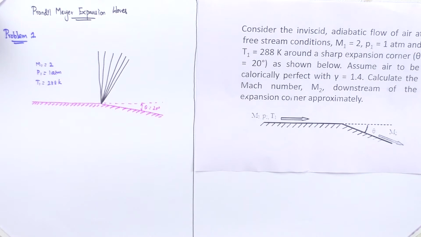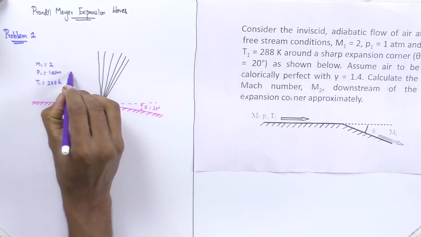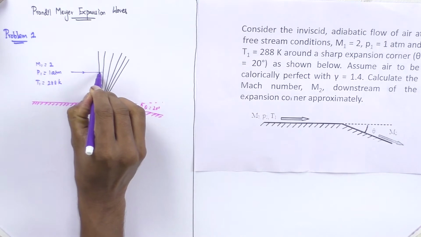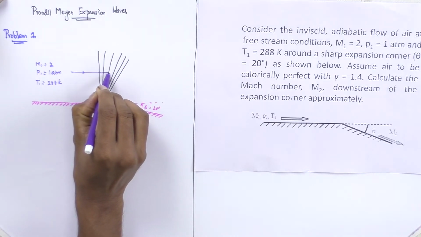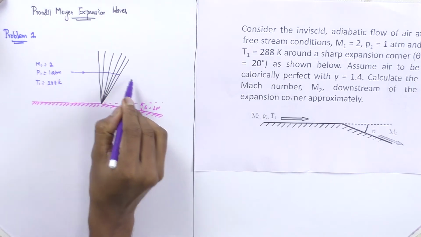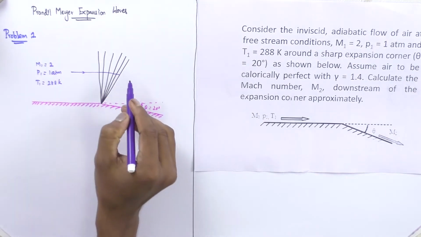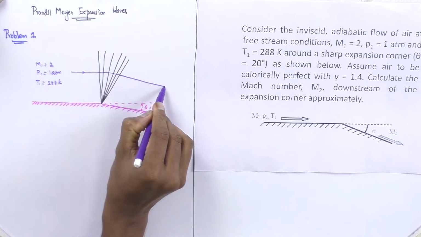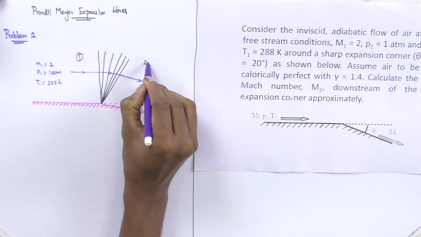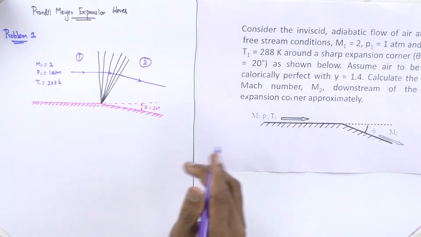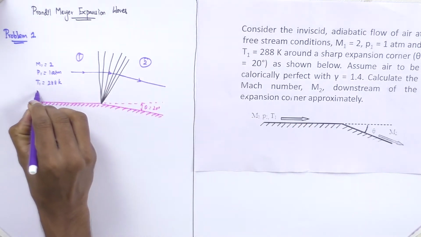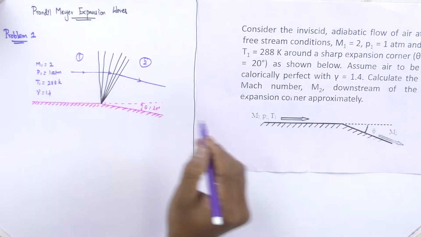So here we have airflow with Mach number 2. So this will be deflected in a curved manner and finally the direction will be parallel to this surface. Let's say this is region 1 and this is region 2. So this gas has gamma is equal to 1.4.